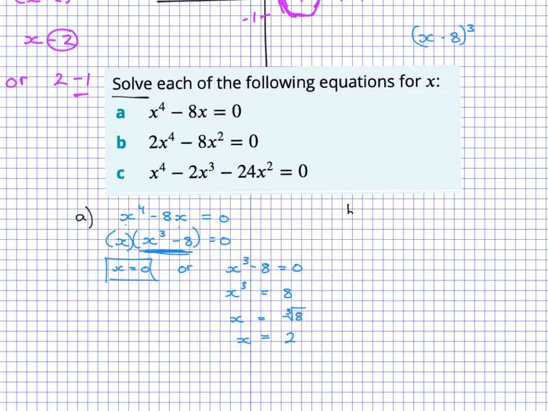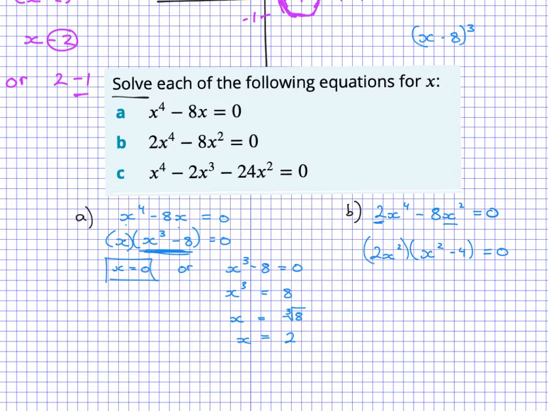Having a look at B, we've got 2x to the power of 4 minus 8x squared equals 0. So again, looking for common factors, you'll notice that each term has a 2 as a common factor and also an x squared as a common factor. So 2x squared being my common factor, I'll divide it out and I end up with x squared minus 4 equals 0.